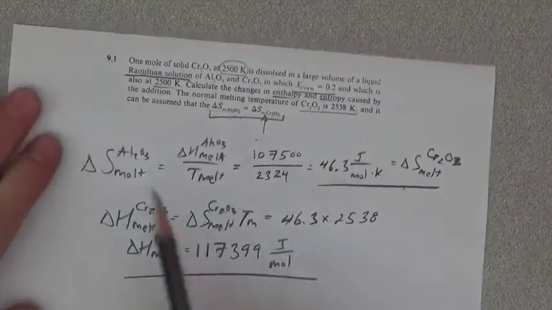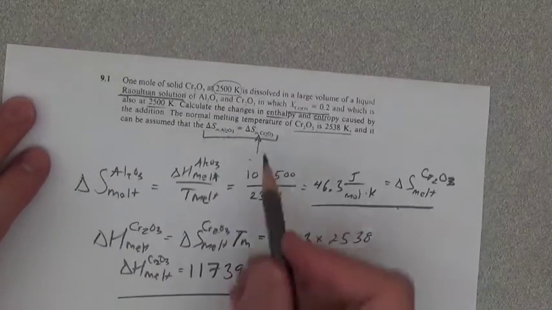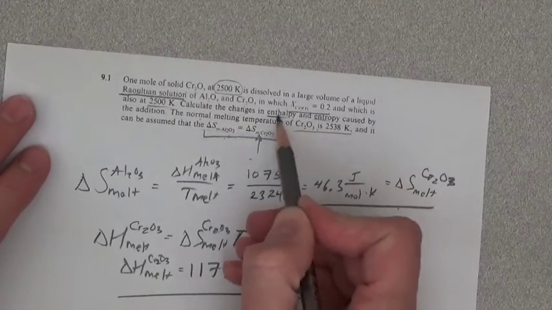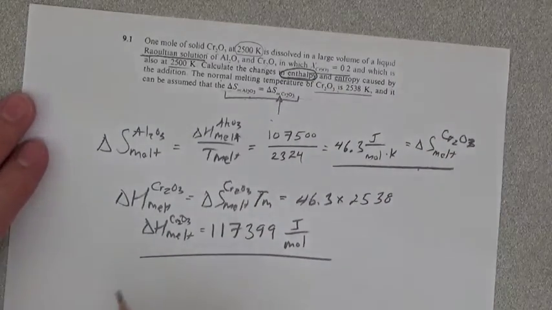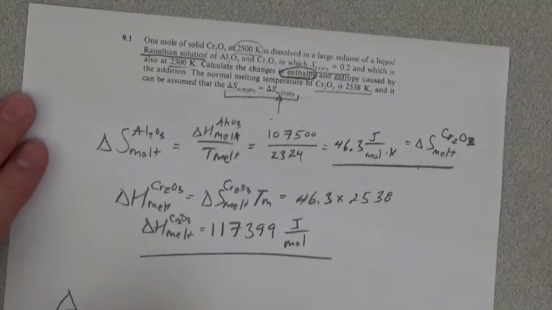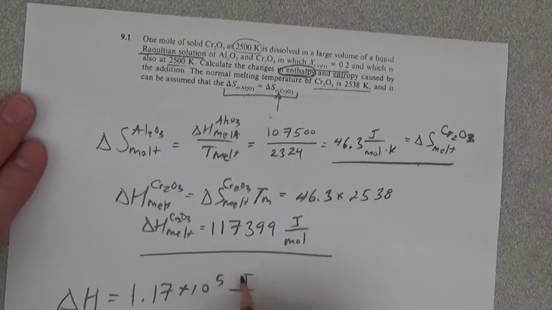Well, we said this is a Raoultian solution, which means that the enthalpy is equal to 1.17 times 10 to the 5 joule per mole.